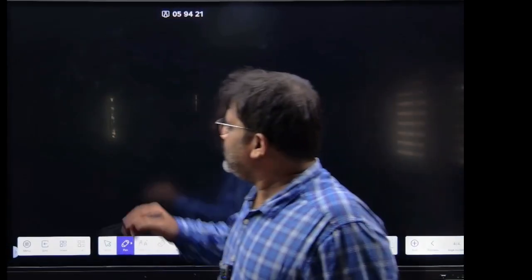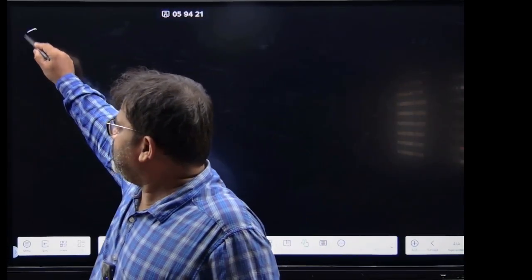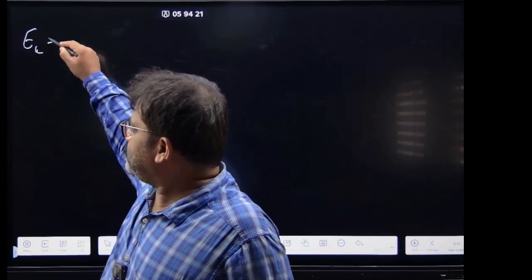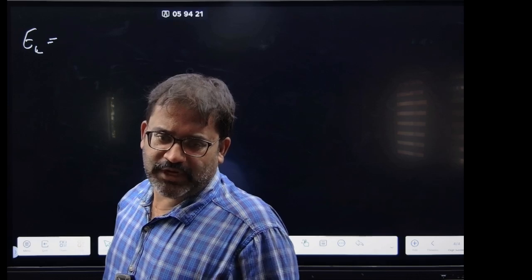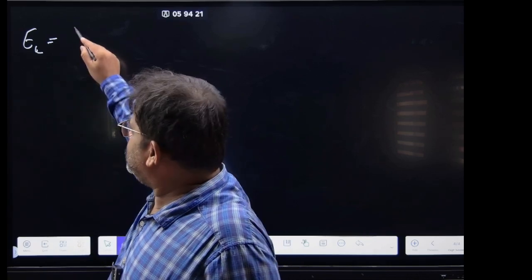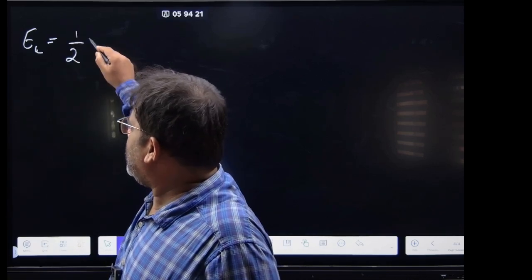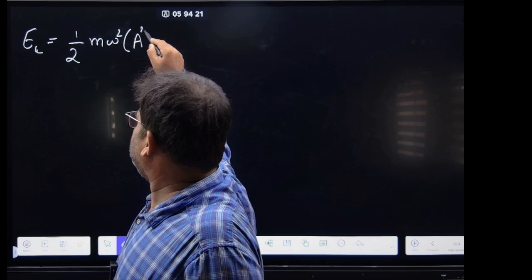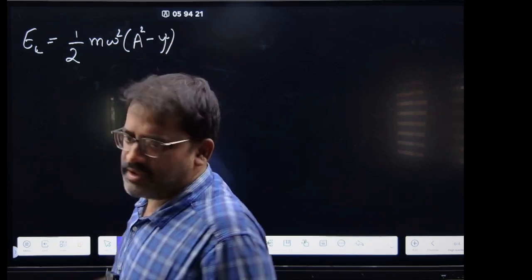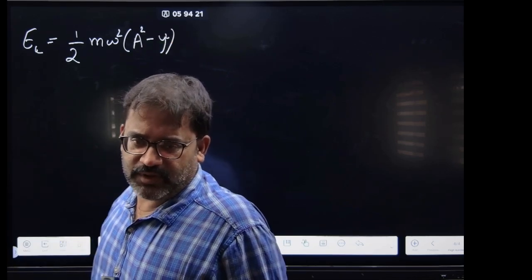So here, remember, he is asking us the ratio of kinetic energy of the oscillation to potential energy. Kinetic energy of the oscillation can be taken as half m omega square into (A square minus y square). This is the formula to remember.